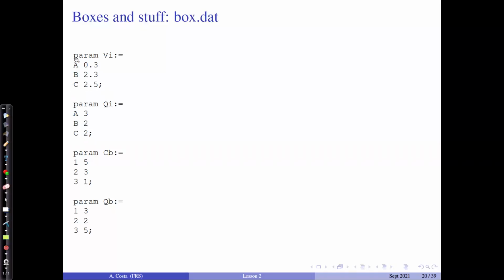For each element, A, B, C, in this case, because we are looking at the items, I have the volume and I have the quantity. And for each box, remember the set of boxes is 1, 2, 3. So for each one of them, I have the maximum number and the capacity. So this is the data file.